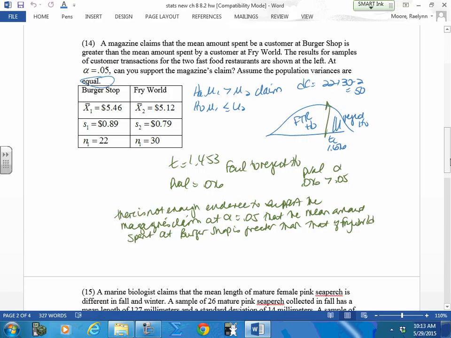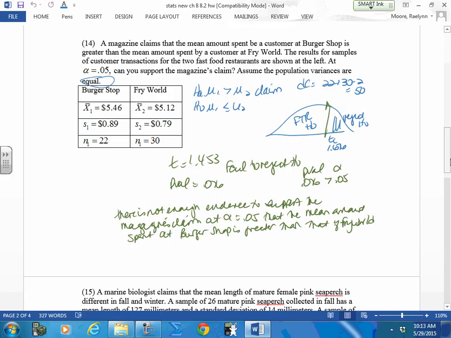Find your cutoff. Because your variances are equal, you're going to add your ends together and subtract 2. That's your degrees of freedom. Now, Brianna brought up a good point. When she put this in the calculator, when they're equal, your degrees of freedom comes back the correct way. When they're unequal, it doesn't come back the right way for some reason. I'm not sure why, but I'll look into it.